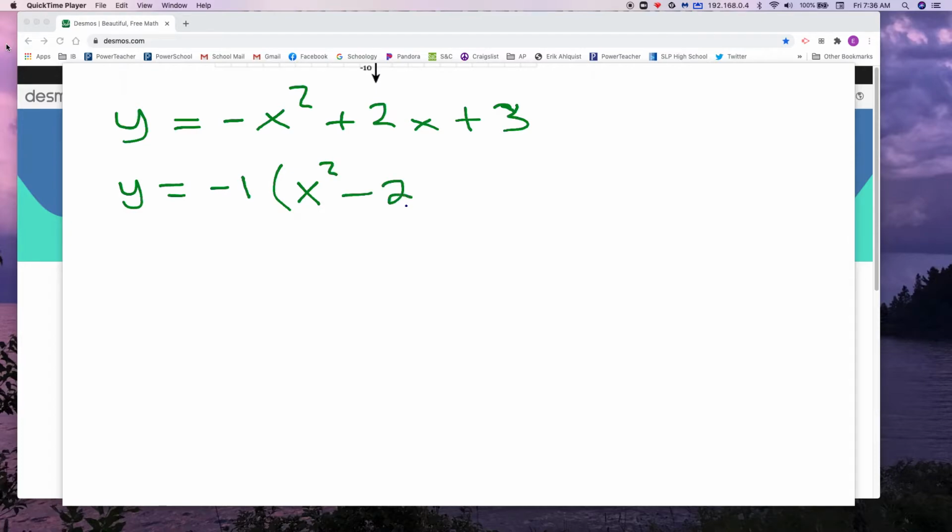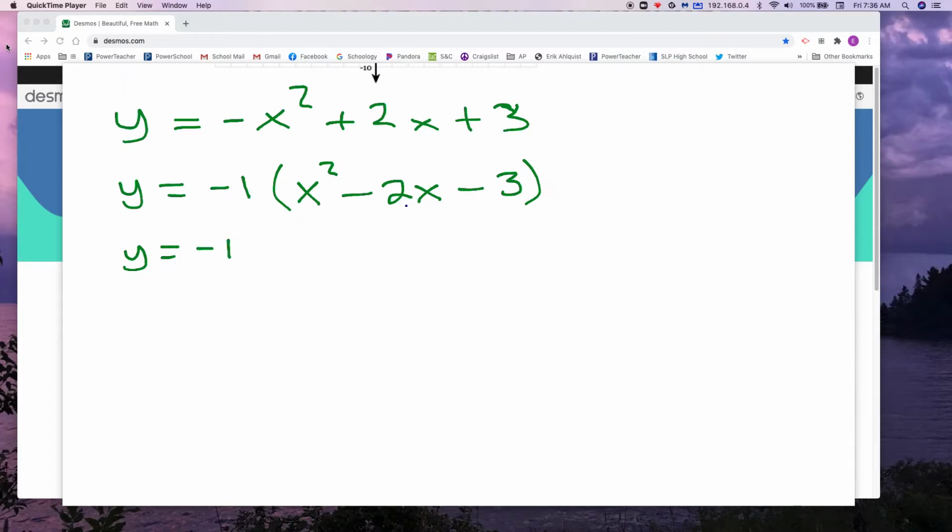If I take a negative out of x squared, I also have to take a negative out of the other ones, which is going to change the signs on those. Now, if I look at that, I suddenly have this quadratic that I can factor, and that will get me my intercepts.